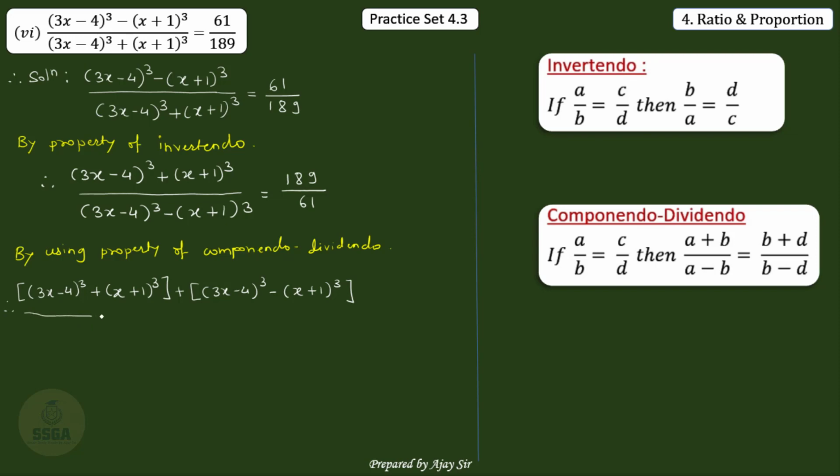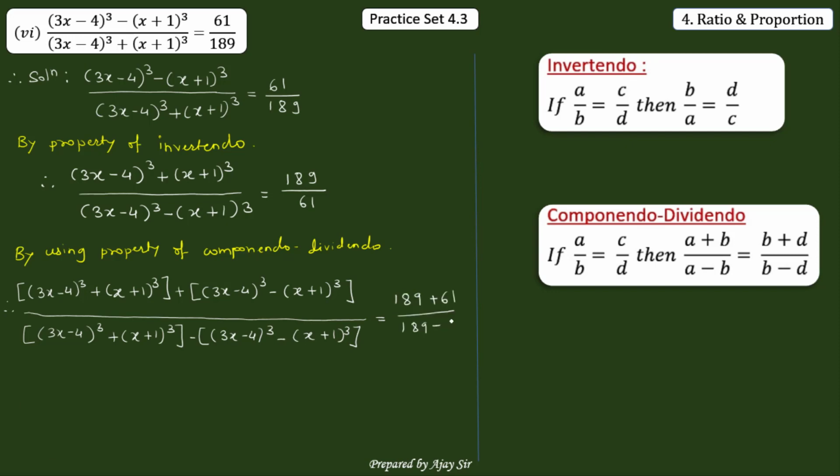Similarly, the denominator is a minus b: (3x minus 4) bracket cube plus (x plus 1) bracket cube, minus (3x minus 4) bracket cube minus (x plus 1) bracket cube. This is equal to 189 plus 61 over 189 minus 61. So a plus b and a minus b, you have to remember like that.